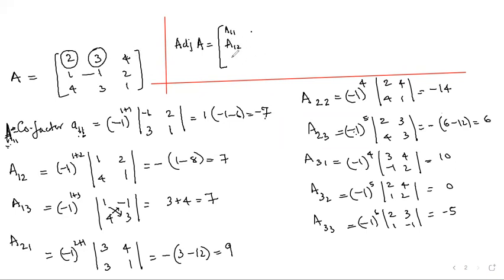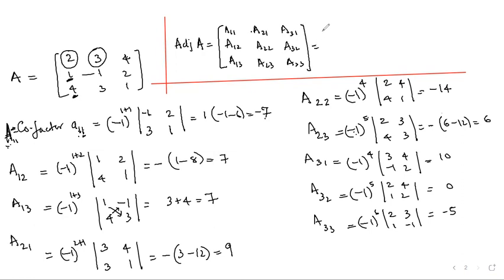Cofactor of this element, write it over here. Cofactor of this element, write it over here. But again, you have to write the transpose. Cofactor of this row will be written here: A31, A32, A33.